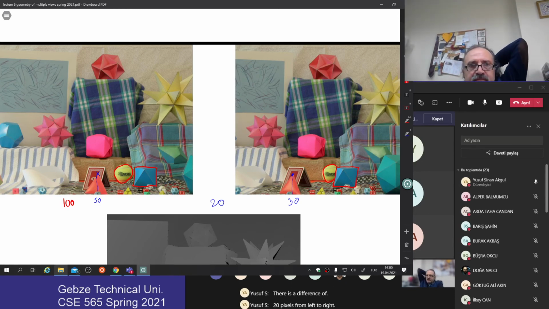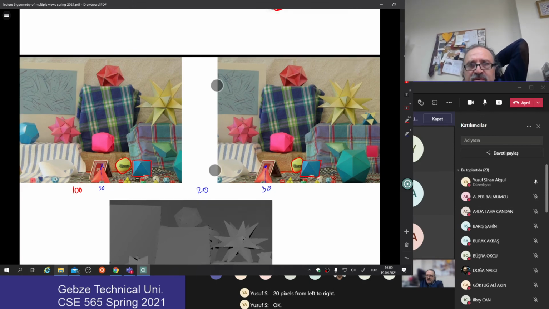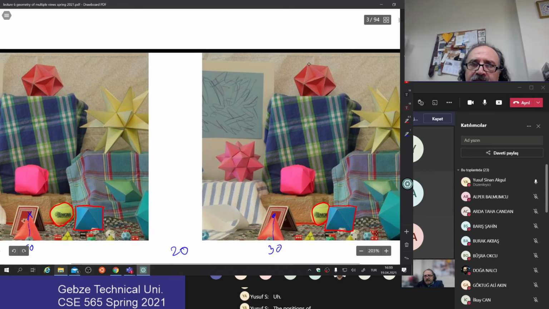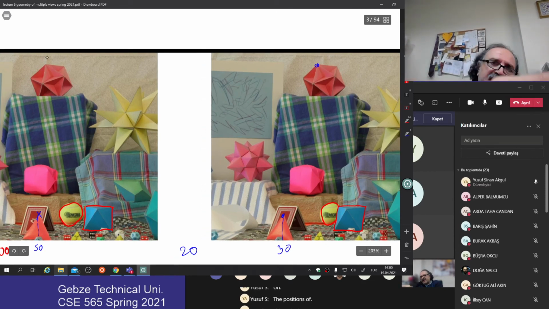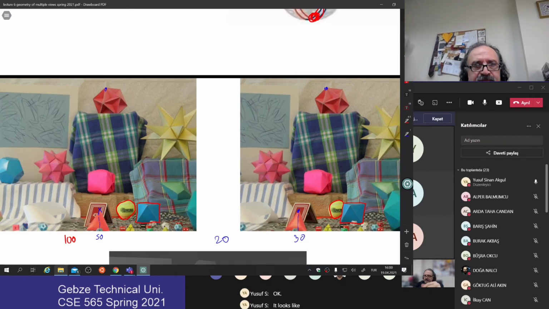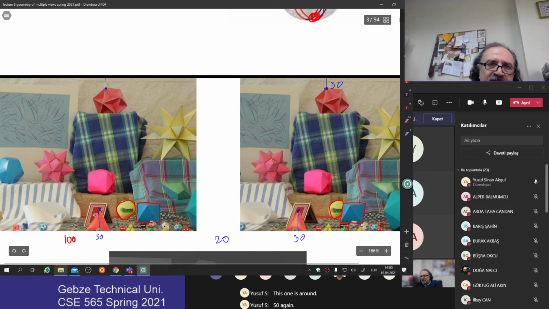How about the positions of this point here and that point here? It looks like this one is around 50 again, and this one is around, I don't know, 55. So the difference between these two points is just 5 pixels.